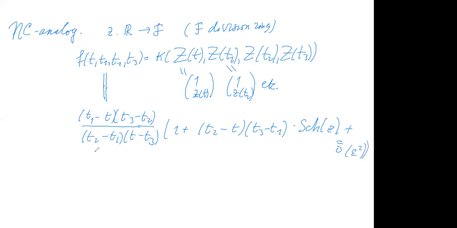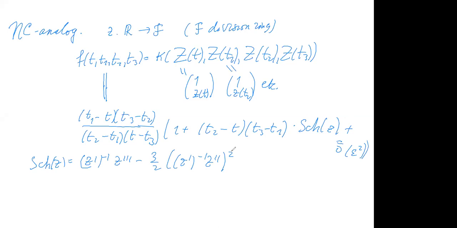Here, the noncommutative Schwartzian of z is this expression: z prime minus first z triple prime minus 3/2 z prime minus first z double prime square.